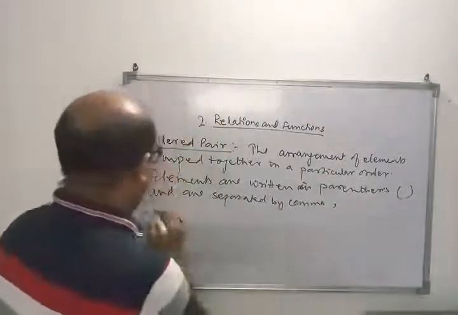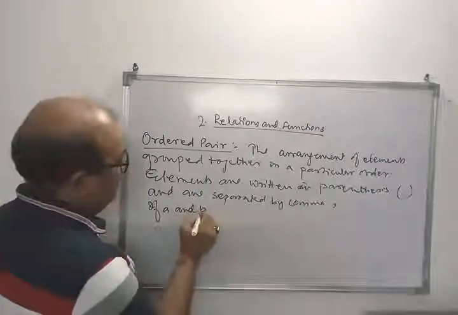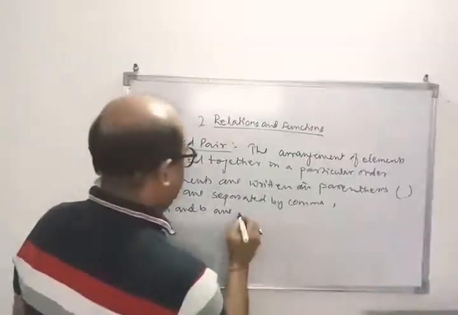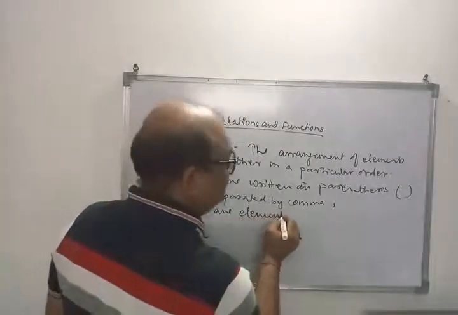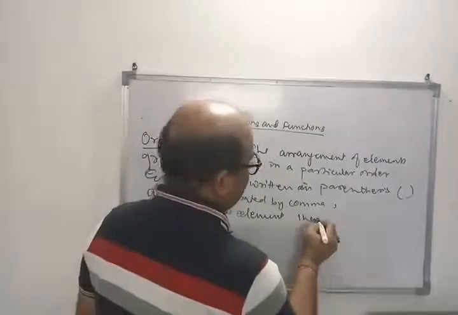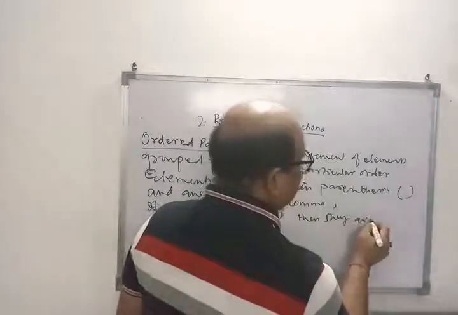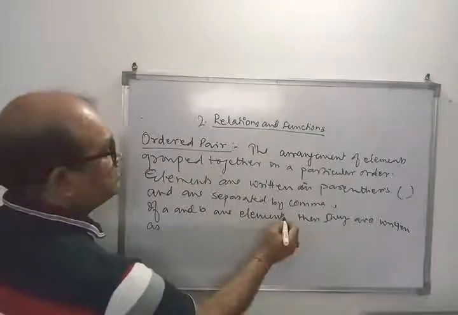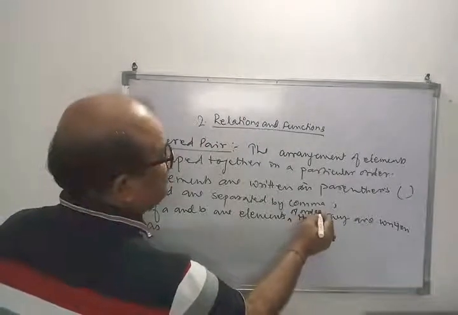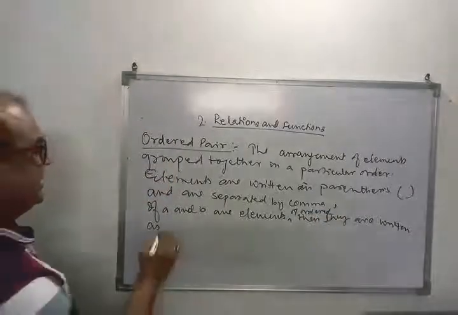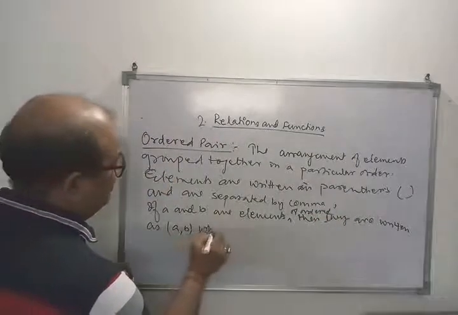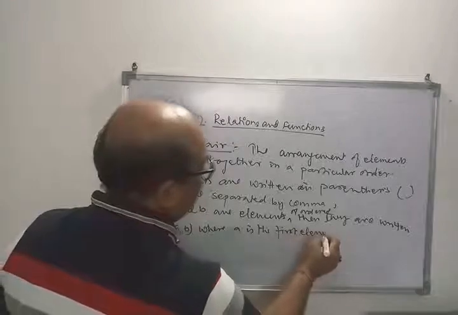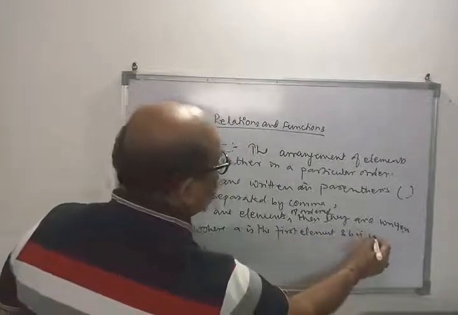So how is it written? If A and B are elements of an ordered pair, they are written as (A, B), where A is the first element and B is the second element.